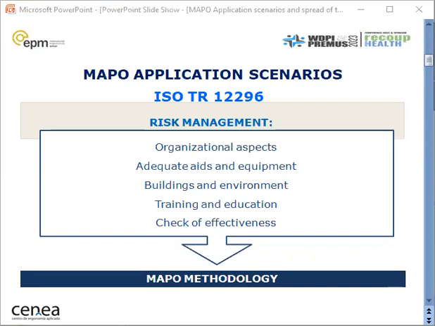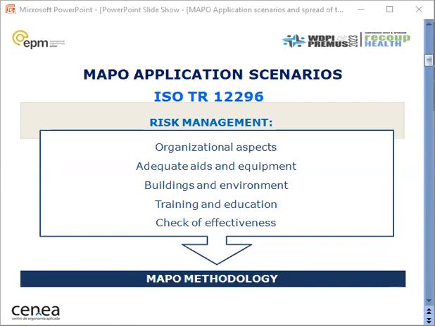As regards the application of MAPO in different scenarios, it's useful to remember that the ISO technical report establishes the criteria for carrying out the risk management of these tasks, which are based on the identification of those risk factors that can cause musculoskeletal disorders.